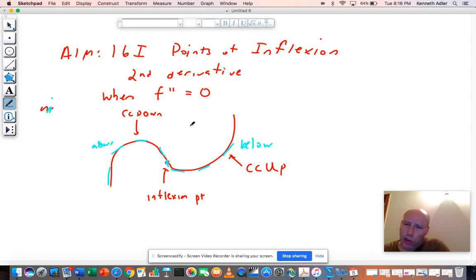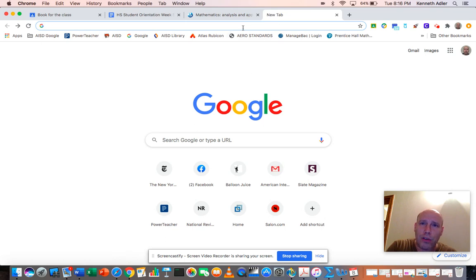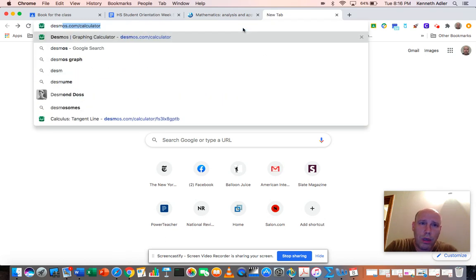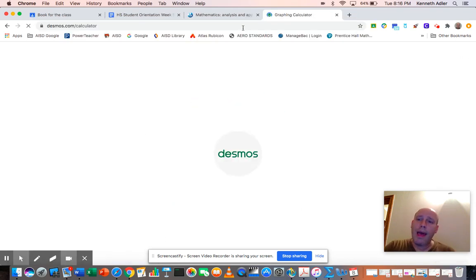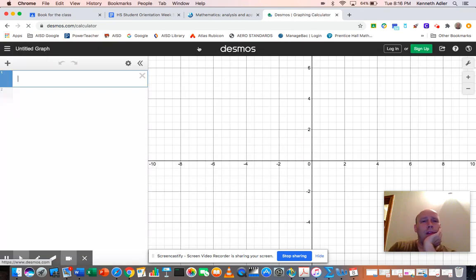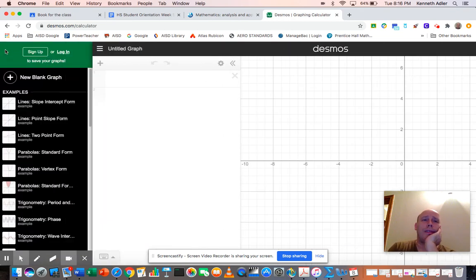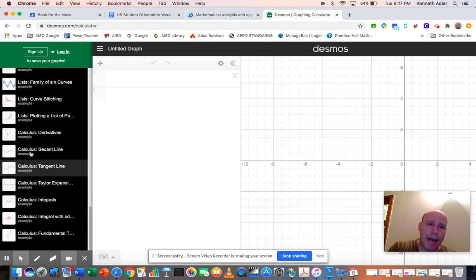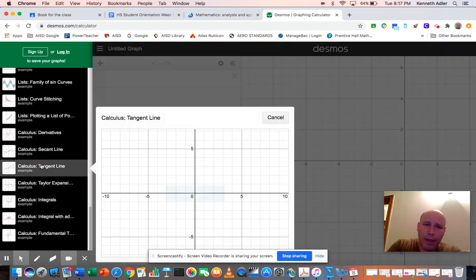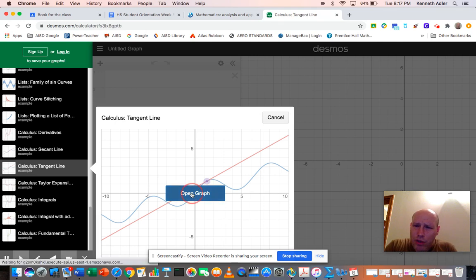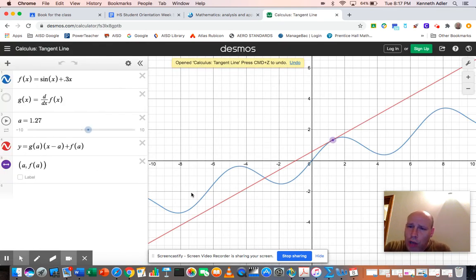But I want to get a closer look, so let's go to Desmos and see what's exactly going on. I'm going to go to Desmos.com calculator, and in the upper left-hand corner, we can see that triple dash. If we scroll all the way down, calculus tangent line, because I'm interested in what's going on with the tangent line.